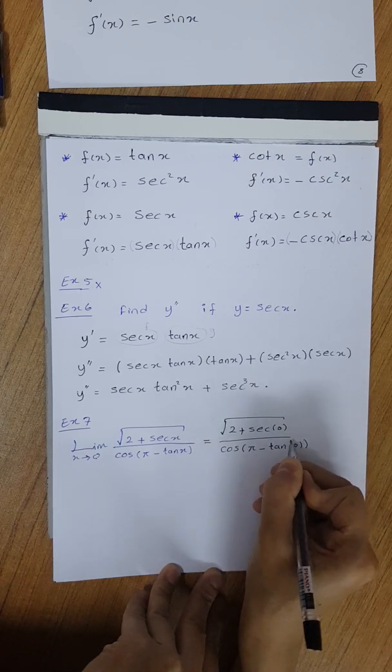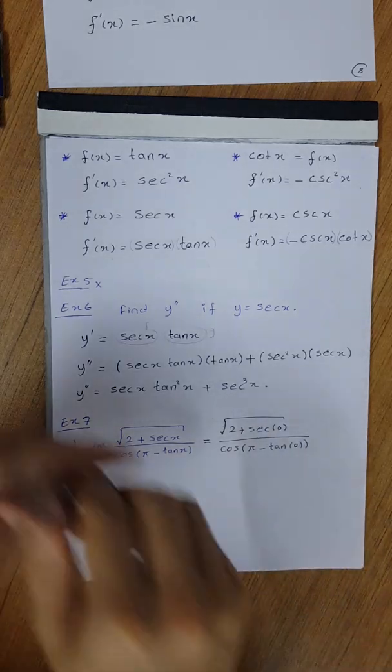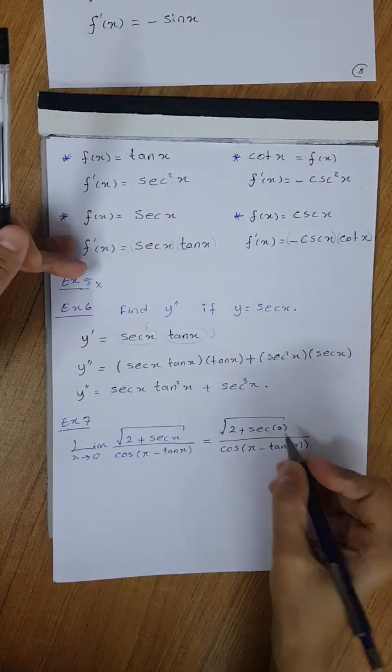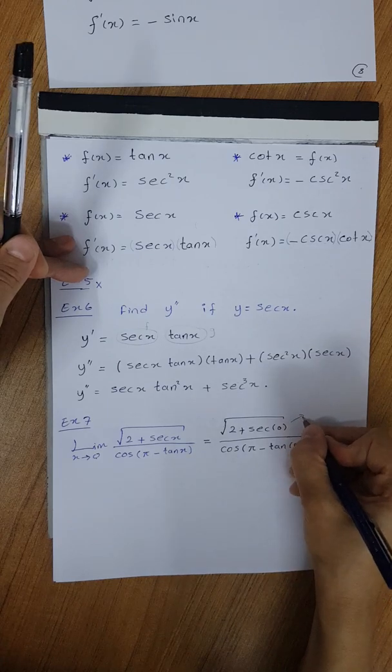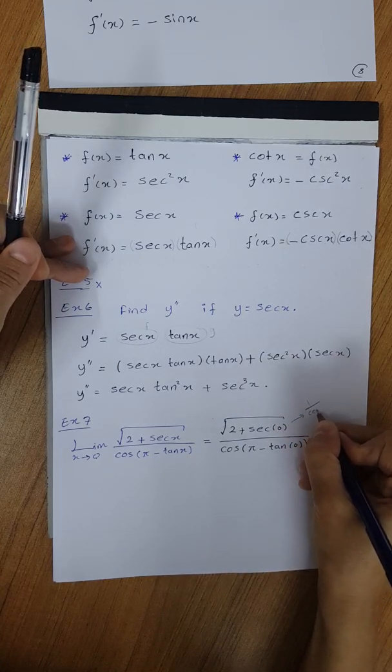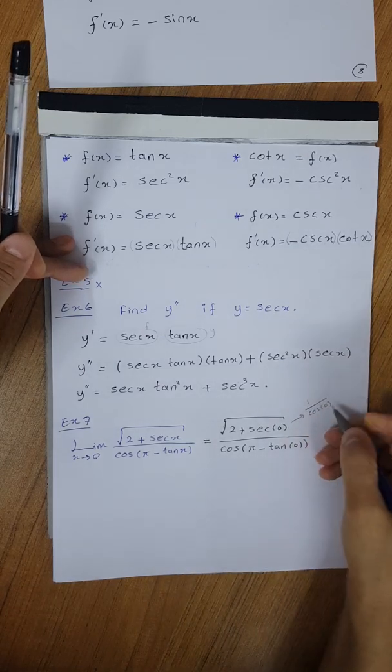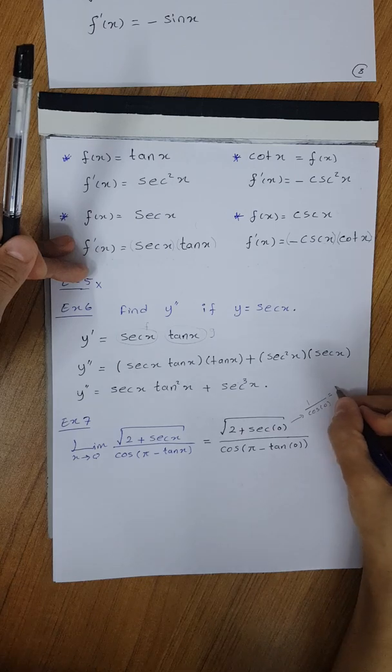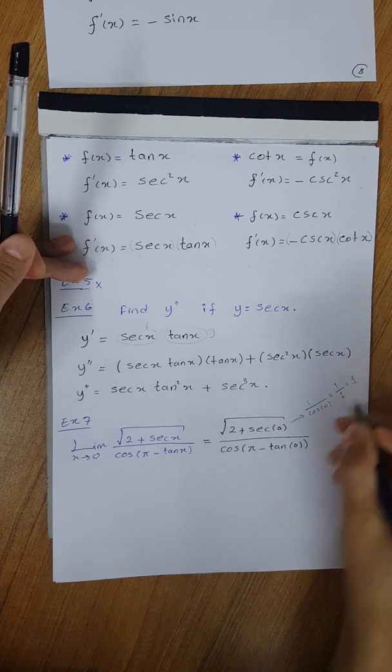Again, tan of 0 is not making a problem for me, so I'm directly inputting it. Secant of 0 is equal to what? As we know, secant is equal to 1 over cosine. So that will be cosine of 0. Cosine of 0 is equal to what? Cosine of 0 is equal to 1. So that one will be 1 over 1, and that's all equal to 1.